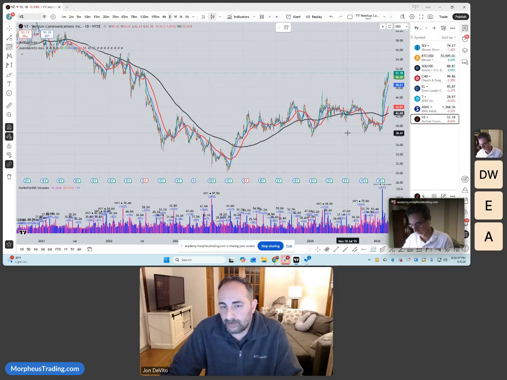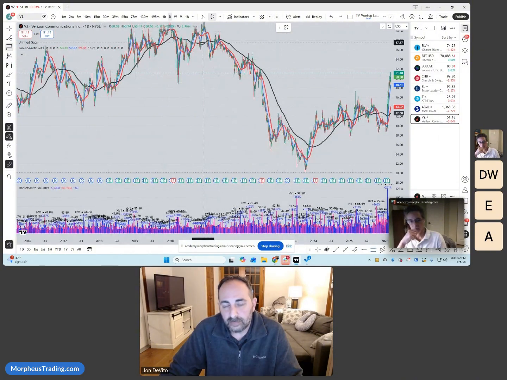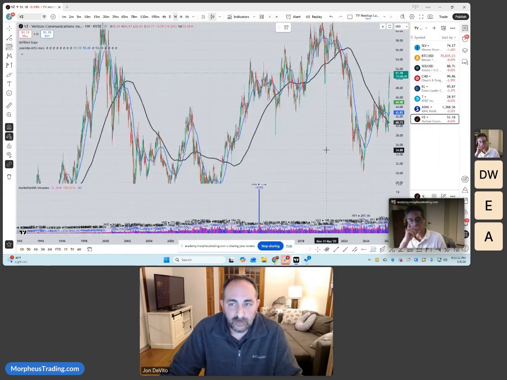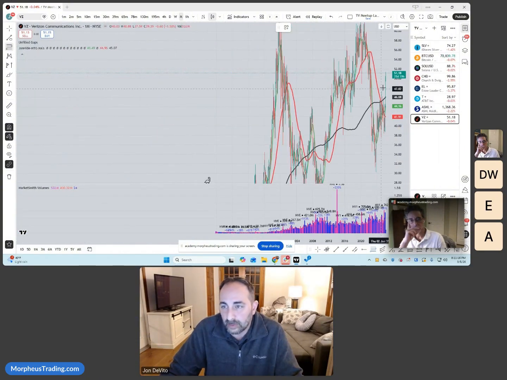You wouldn't want to pull a Fibonacci level from the bottom here to the top over here if you're trading above it already. Most of the time, if you have a chart that is a little choppy and a little hard to tell where you want to put the levels, even if you're trading on a daily chart, I tend to move outwards to either the weekly or the monthly.